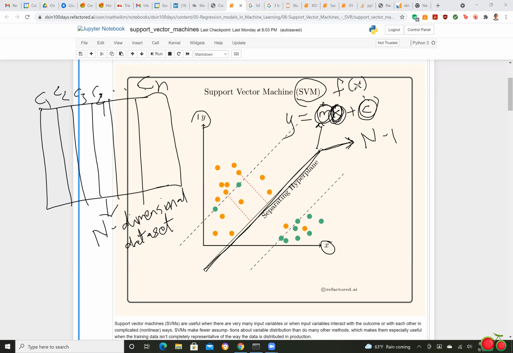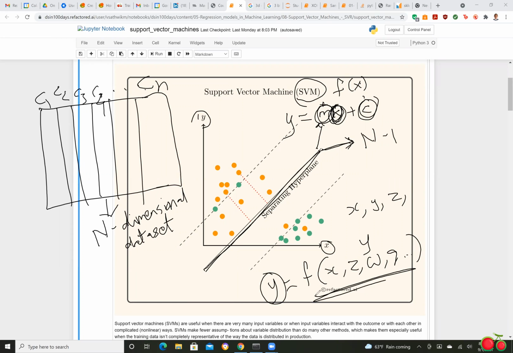Now, assuming that I have x, y, z, w, q, whatever number of features, and I'm trying to predict y, then y will be a function of x, z, w, q, and whatever predictors I have. So I am removing one variable out of it.